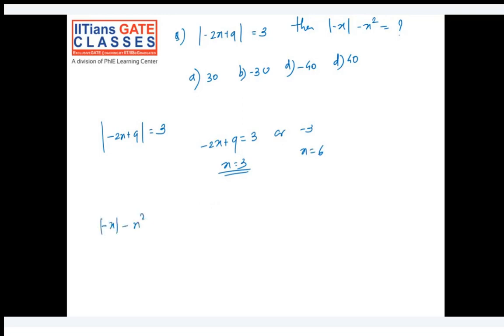In the first case, we will get minus 3 minus 9, so it is minus 12. Second case is minus 6 minus 36, so minus 42. Okay, so that is the answer. Whichever is there in the options, you can choose it.